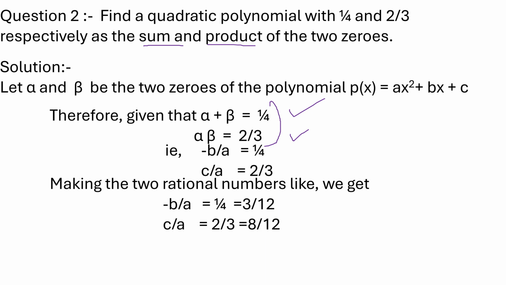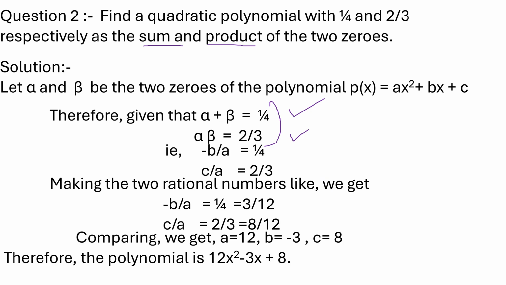Now we have rational numbers, so what do we get here? Minus b upon a is 1 upon 4, and c upon a is 2 upon 3. If we solve and compare, we get a as 12, b is minus 3, and c is 8. So therefore the polynomial you get here is 12x squared minus 3x plus 8.